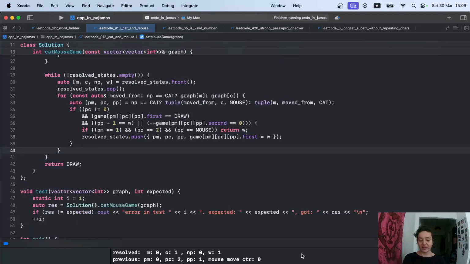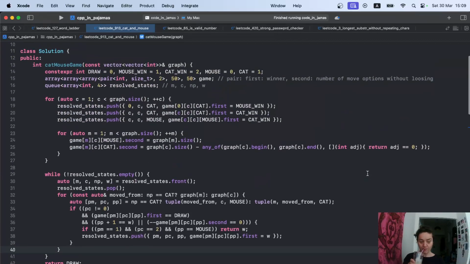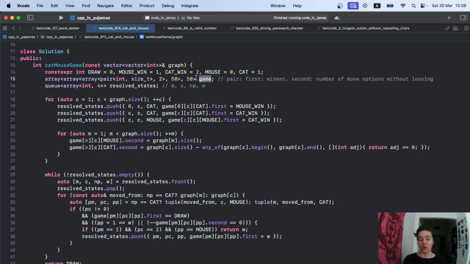And before we're going to run this on LeetCode, let's talk complexity. So let's start with the space complexity. For the matrix, it's just O of 1 because I chose to avoid dynamic allocation. It's just 50 on 50. Doesn't depend on the graph size, O of 1. However, the resolved state queue may have all the states that might happen.